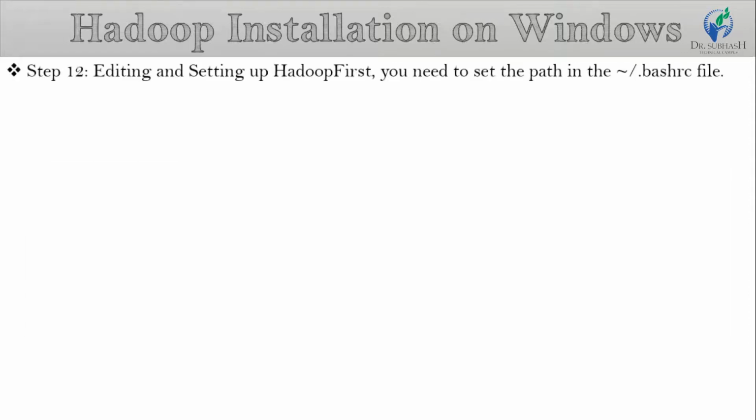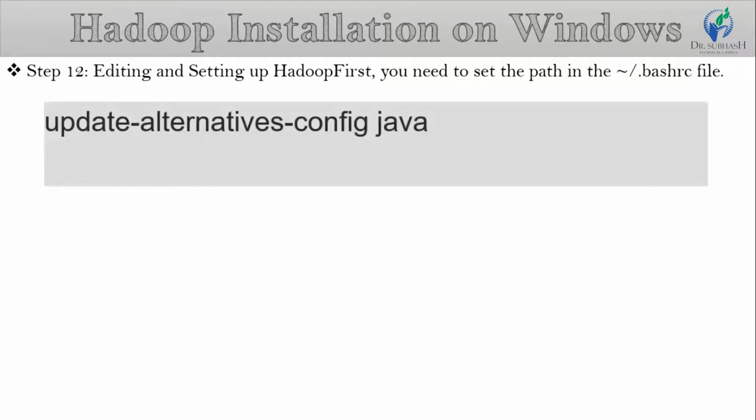Now, in step 12, editing and setting up Hadoop. For that, first you need to set the path with the help of this given file. You can set the path as the root user by using the command .bashrc. Before you edit this file, you need to check your Java configurations.